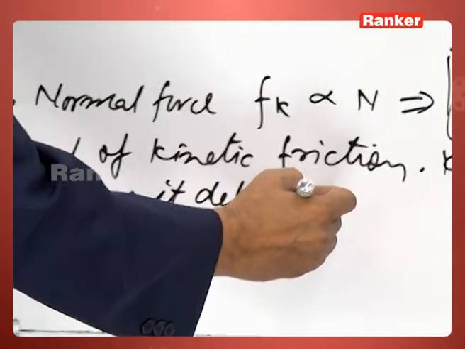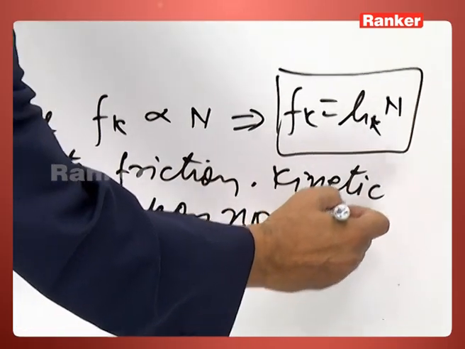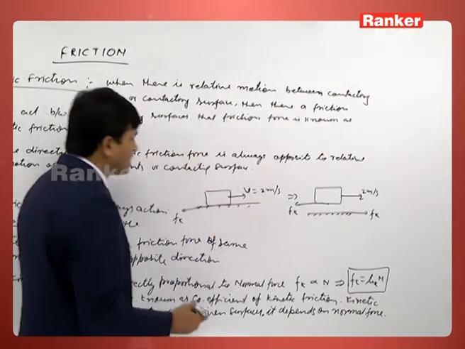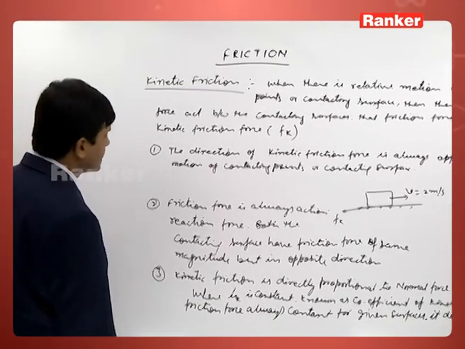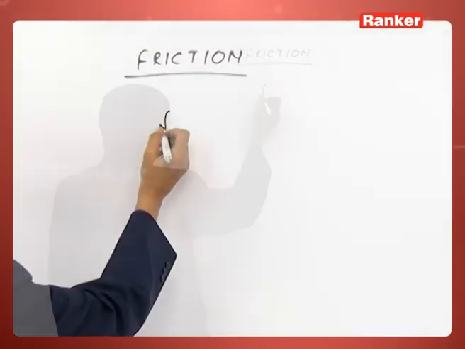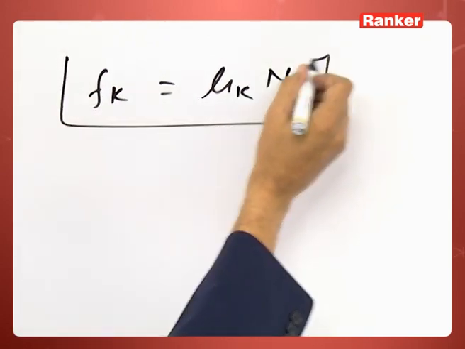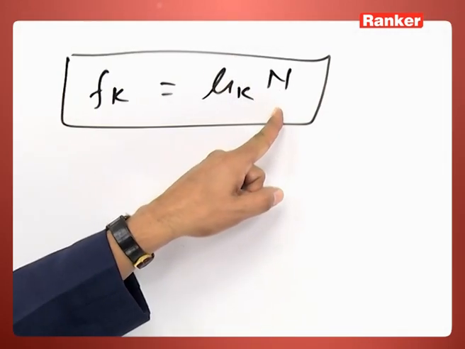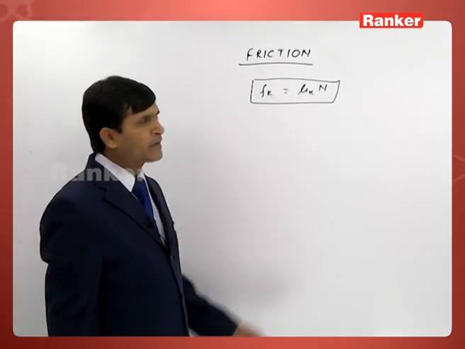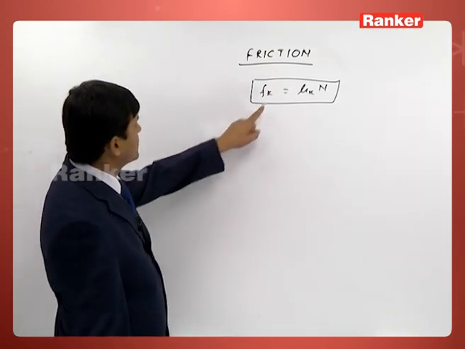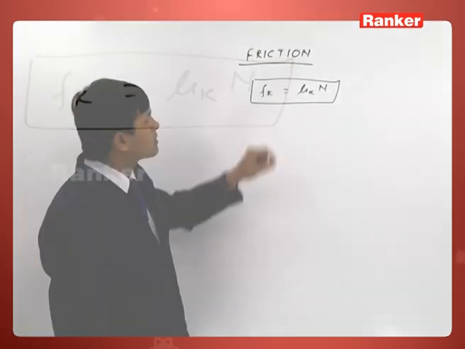Now see one or two more points related to kinetic friction and some examples. As we have found, kinetic friction is given as mu k times N, so it depends on the normal force, and for a given normal force, our kinetic friction force will be constant.